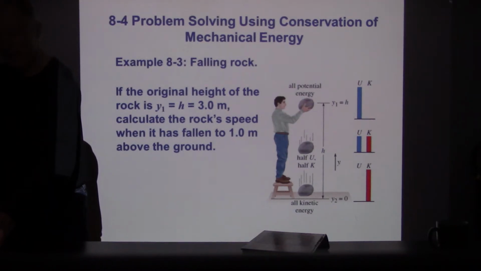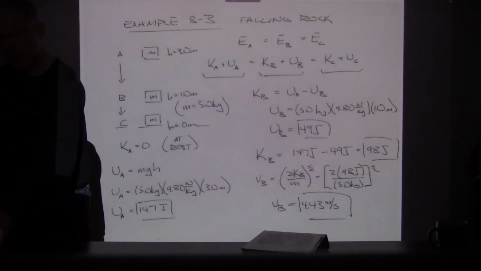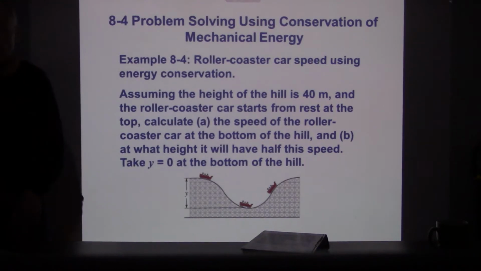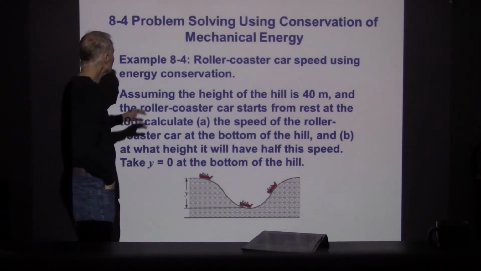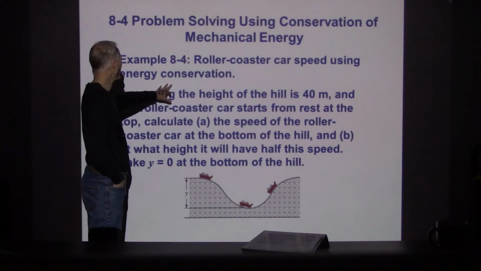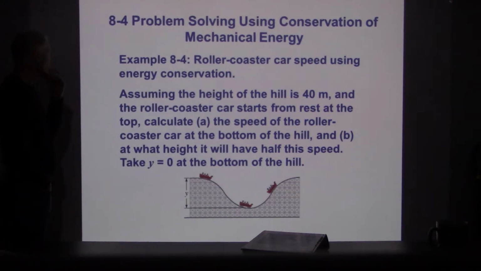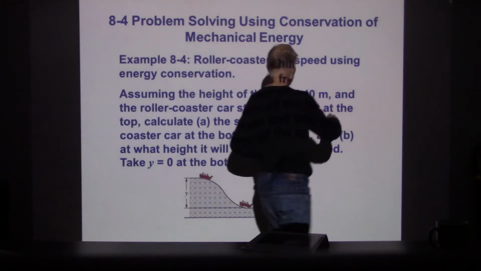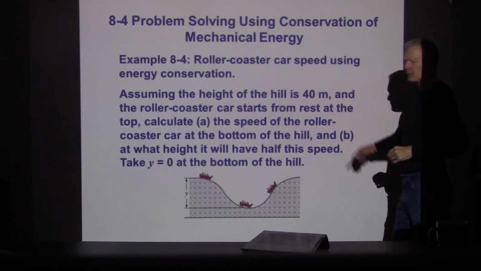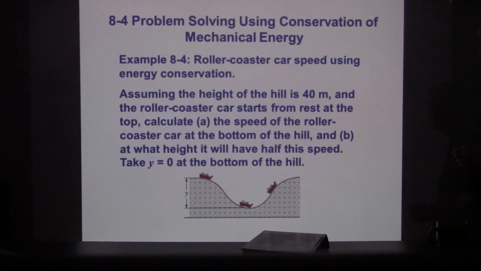We could have just done the algebra and had the mass cancel out. Here's another example. Let's take a look at this roller coaster car and use energy conservation for this. Assuming the height of the hill is 40 meters, that's a pretty good sized roller coaster, 120 or 130 feet in the air.